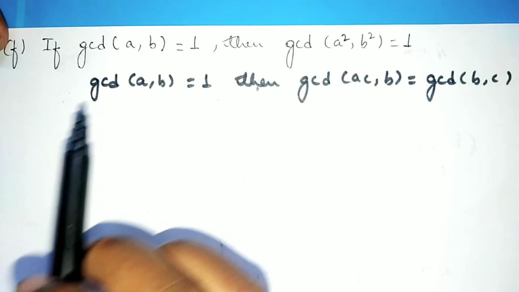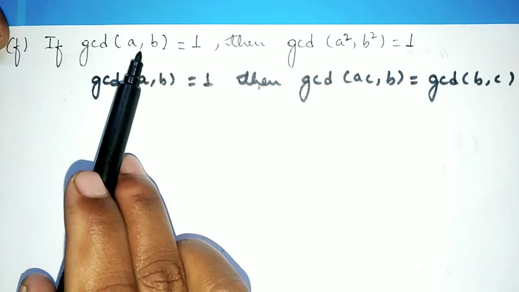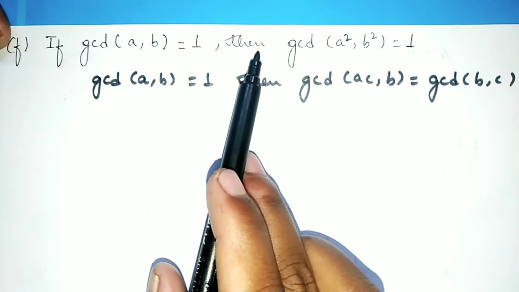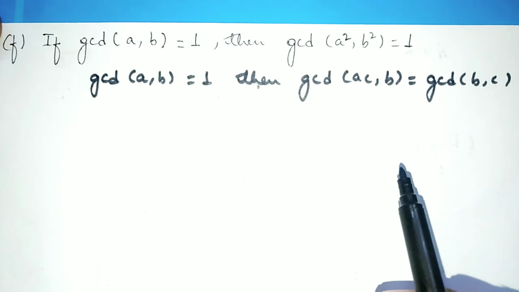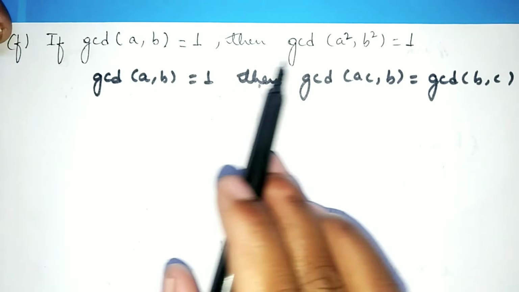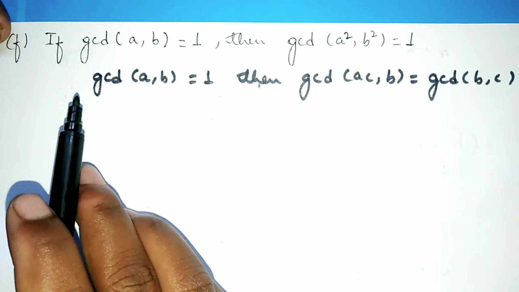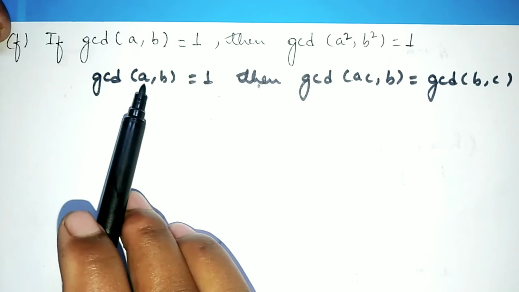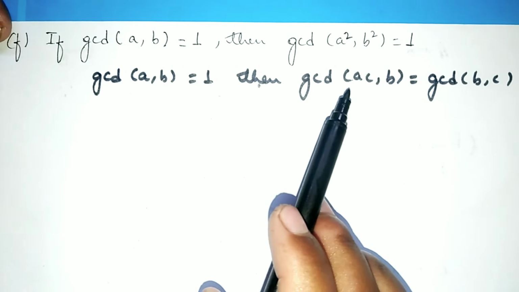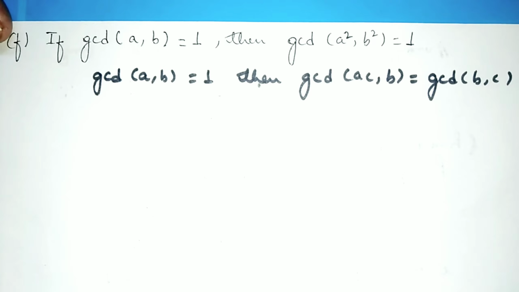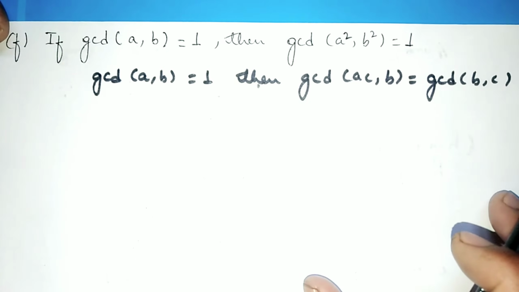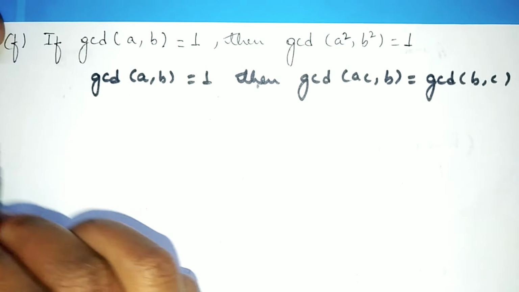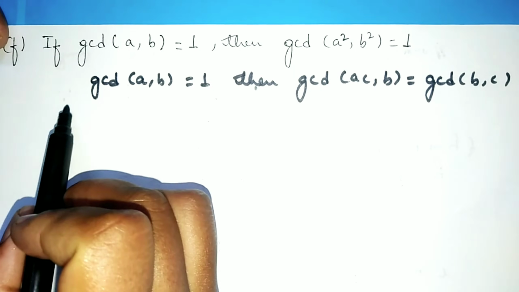Let's do the next one. If GCD of A and B is 1, then GCD of A square and B square is 1. For showing this, we will be using the previous one. That is, if GCD of A and B is 1, then GCD of AC and B equals GCD of B and C. Okay, so let's see.